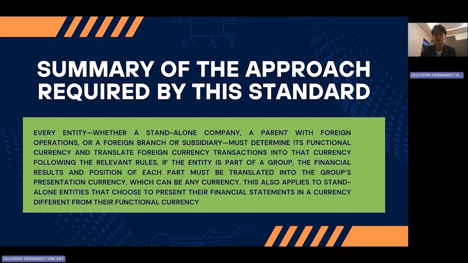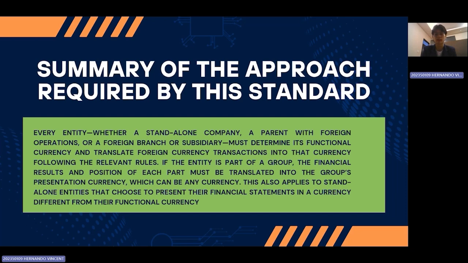Under IAS 21, every entity must first identify its functional currency. This is defined as the currency of the primary economic environment in which the entity operates, typically the one that influences the entity's revenues and expenses the most.